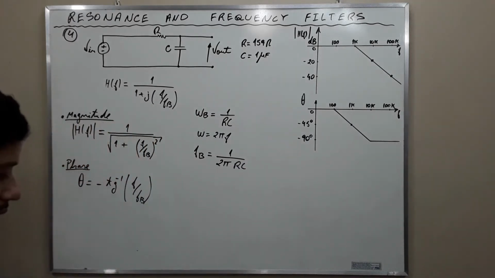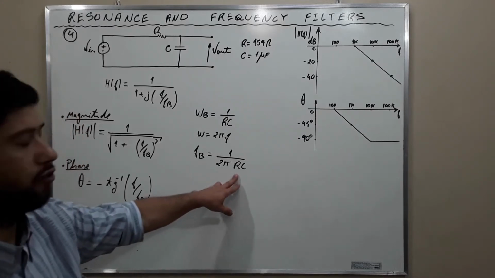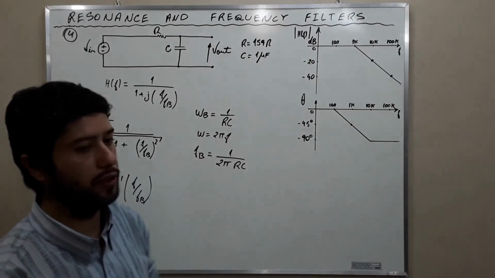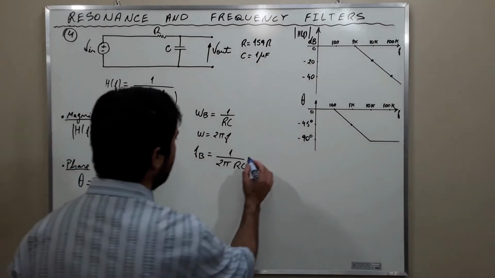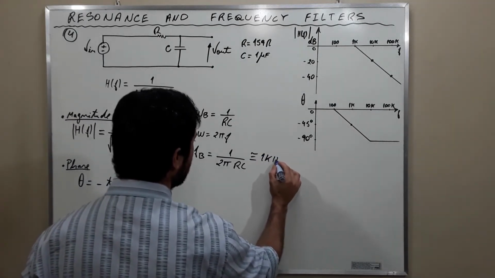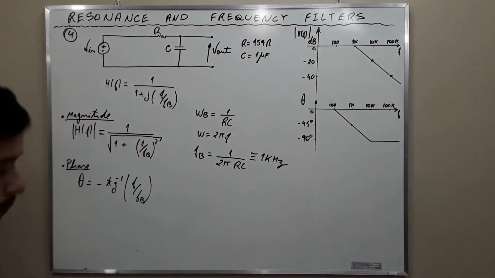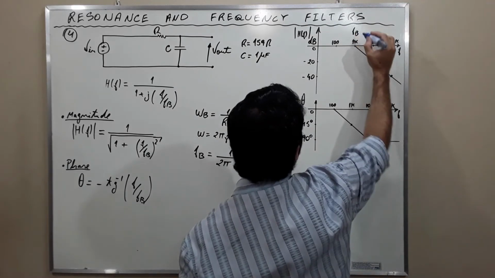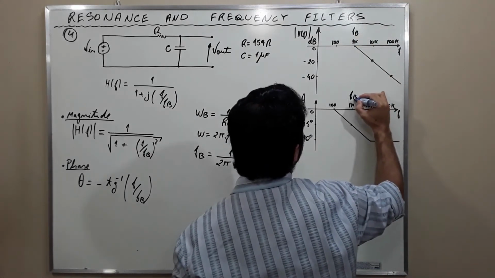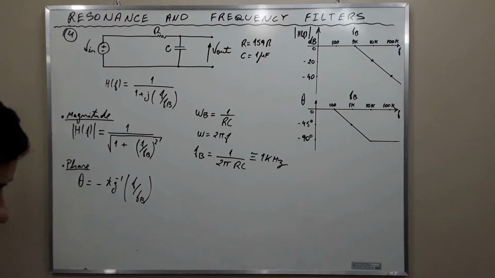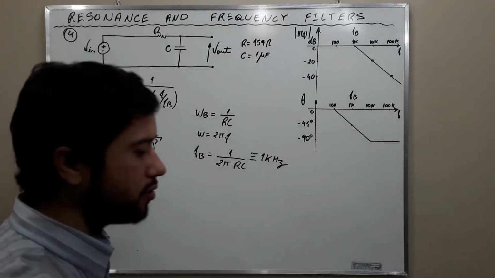Okay? If we substitute the values, in the place of R we put this value, and in the place of C we put this value, and we find that FB is approximately equal to 1 kilohertz. Okay? FB is here. FB is 1 kilohertz.